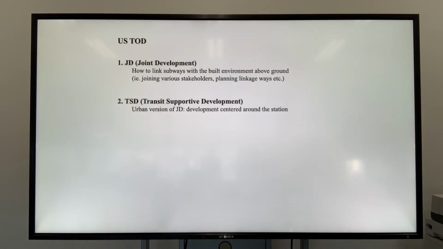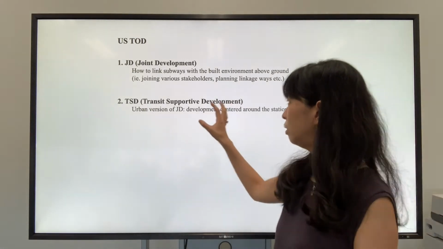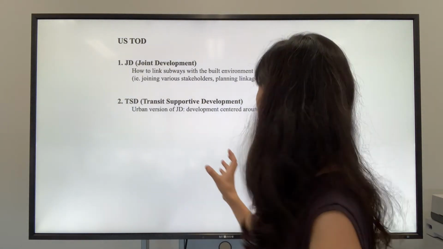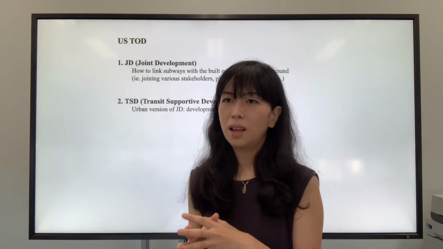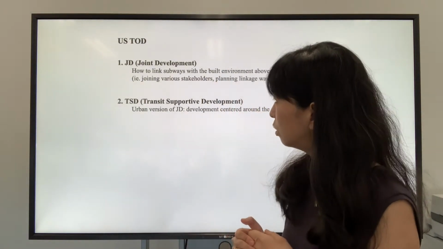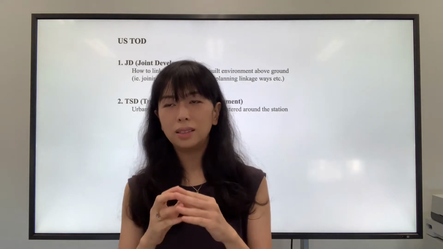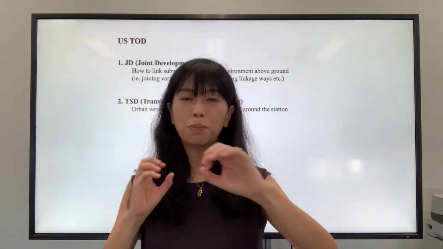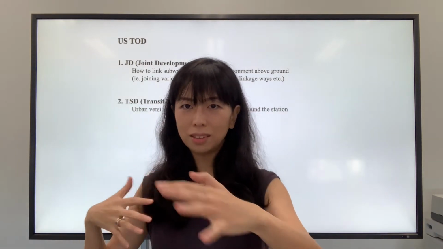The second one is called transit supportive development, and it is an urban version of the joint development. The unique aspect of this is that it is a development centered around the station. At that time, when this was introduced, American cities tended to have railway development very separated from the residential area.